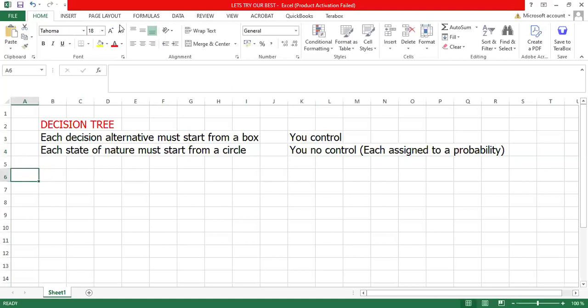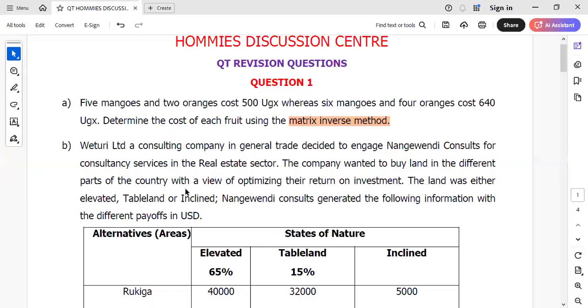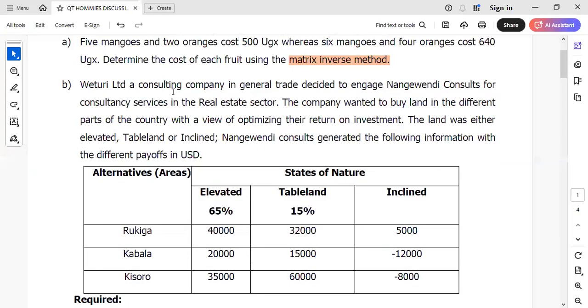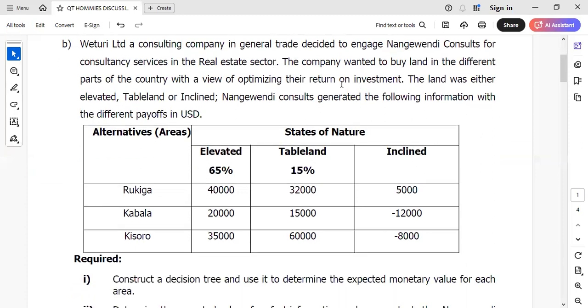So what are we told to do, or what are we given? This is Web3 Limited, a consulting company in general trade, which decided to engage Nange Wendi Consults for consultancy services in the real estate sector. The company wanted to buy land in different parts of the country with a view of optimizing their return on the investment.